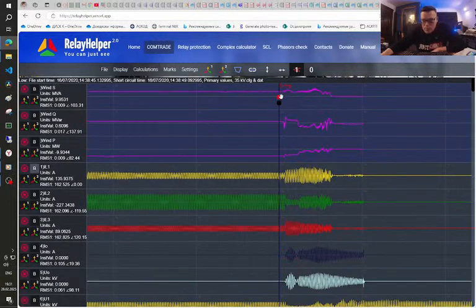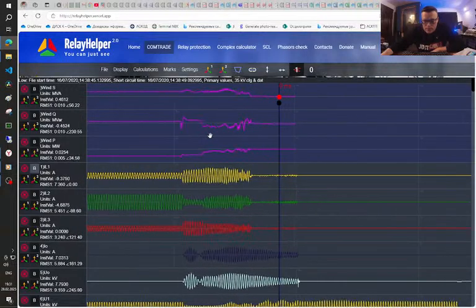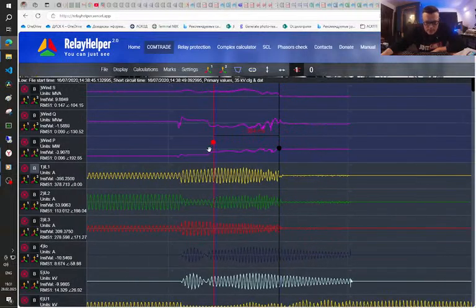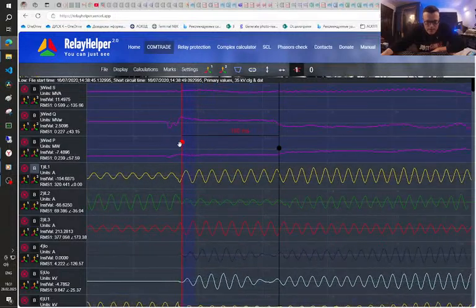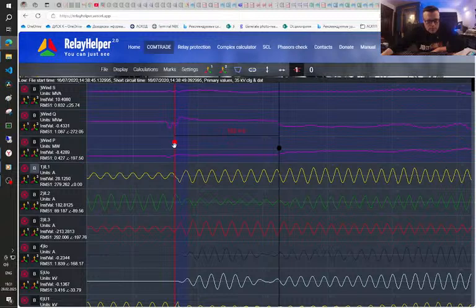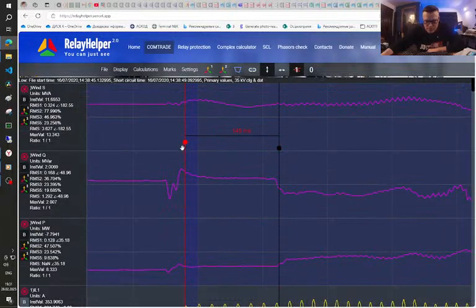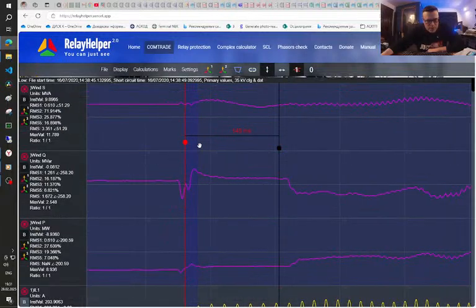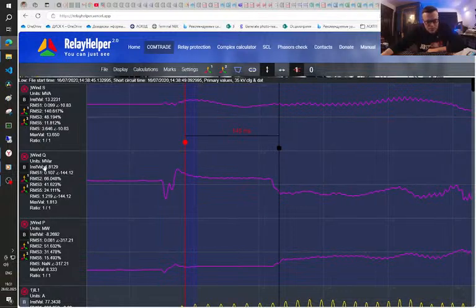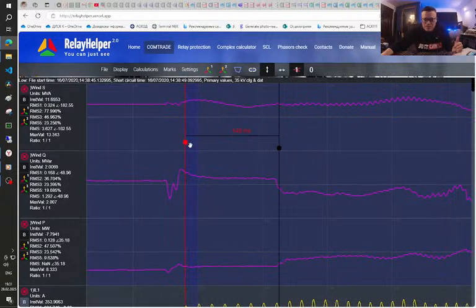Okay, so you can see that from this moment the wind farm has not started to produce reactive power, because we see positive values, instantaneous values of 1.8 megawatts with a positive sign, so it's receiving power.